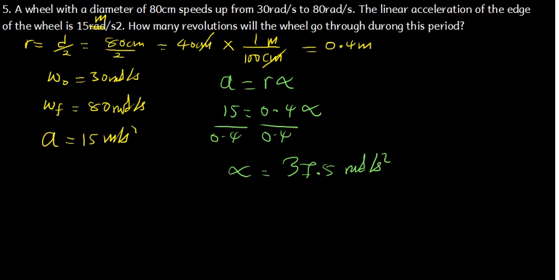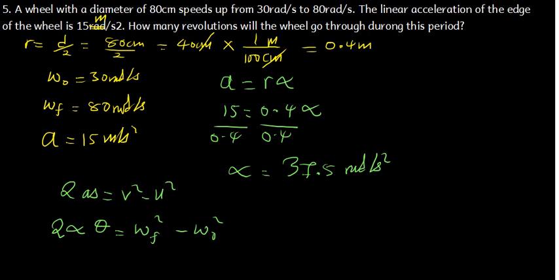Now that you found this value, when we want to determine the number of revolutions, we need to know the angular displacement. We know that 2as is equal to v squared minus u squared, but in angular terms, that will be 2 alpha theta is equal to omega final squared minus omega initial squared. So 2 times 37.5 is 75, times theta.